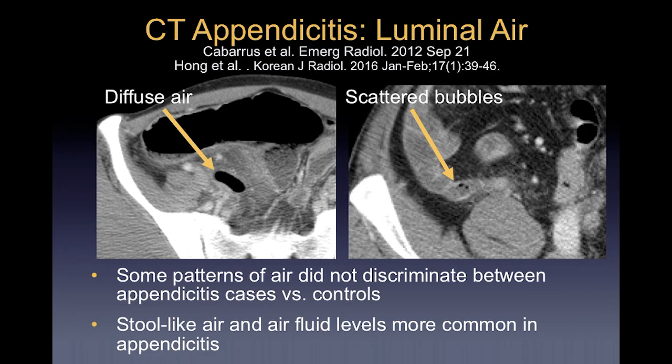Stool-like air or air-fluid levels settling out are a bit more common in appendicitis, but overall, you just shouldn't use air as a leading factor. You can see it in normals, you can see it in abnormals. It doesn't really help you.